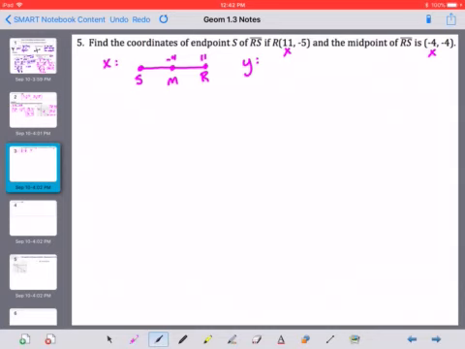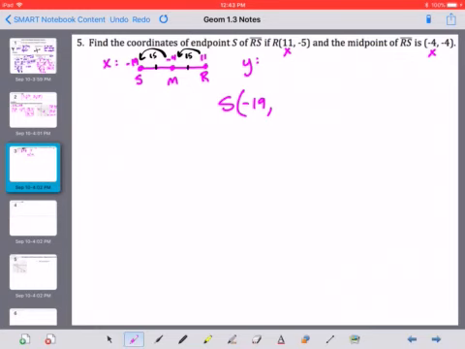Well, if you start at 11 and then go down to negative 4, that's a difference of 15. So this is 15 units away from R, meaning M and S also have to be 15 units away. So if we go down 15 more, negative 4 minus 15 is negative 19. So for point S, the X coordinate is negative 19.